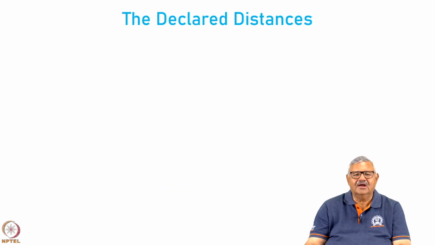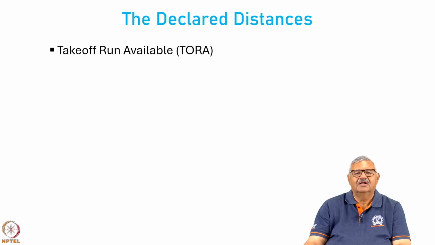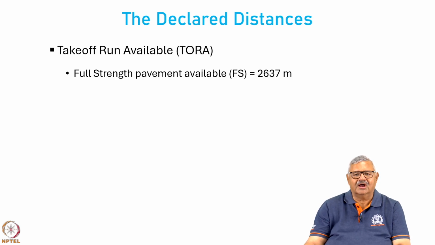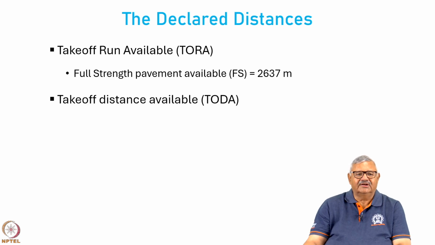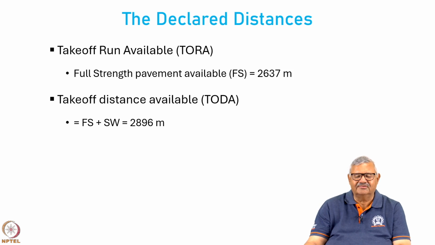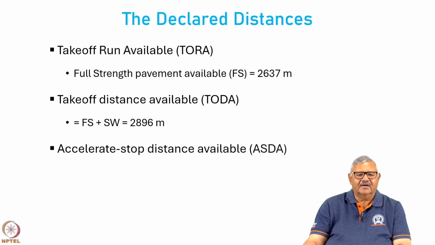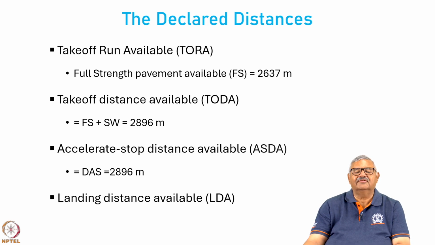Finally, we need to see how these numbers are converted into declared distances. So, the takeoff run available or TORA is going to be the full strength pavement, which is 2637 meters. The takeoff distance available TODA will be the field strength plus the stopway, which is 2896 meters. The accelerated stop distance available ASDA is 2896 meters already given, and finally, the landing distance available will be equal to the full strength pavement, which is 2637 meters.